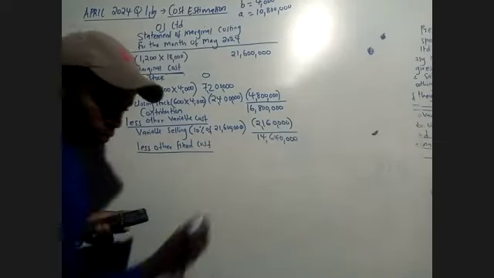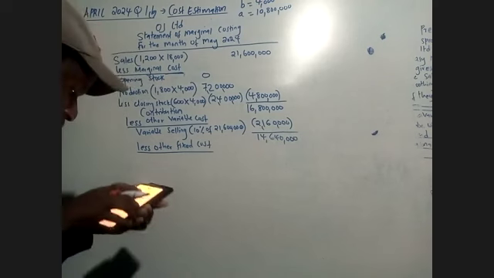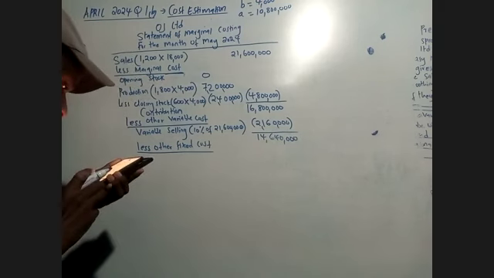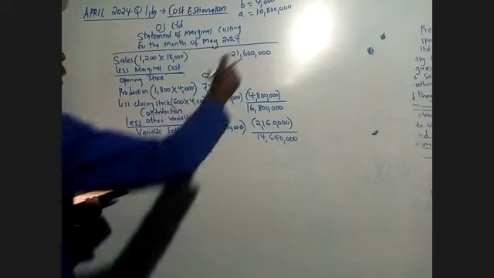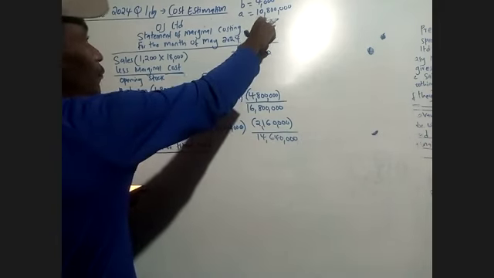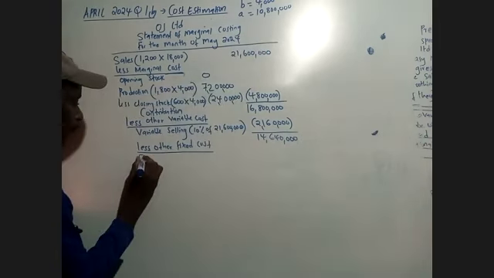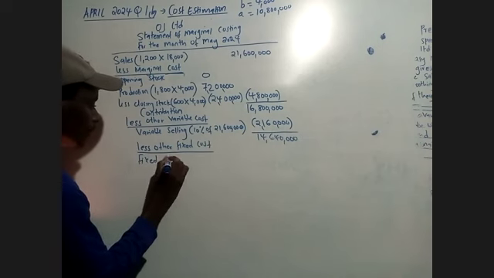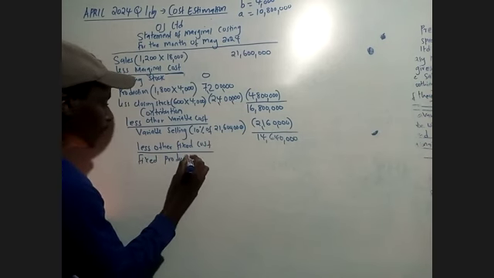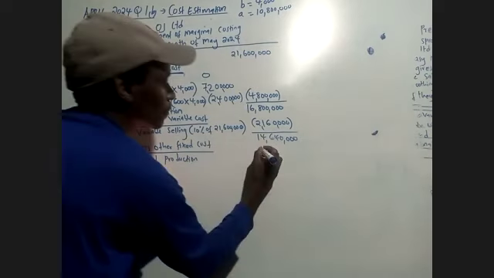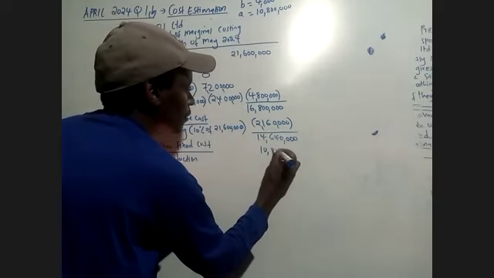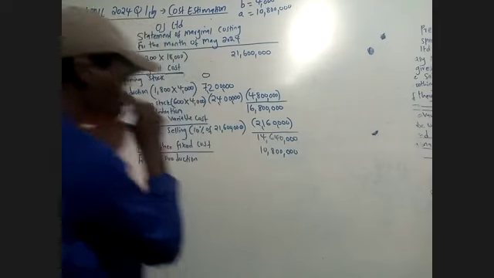Now according to the question, kuna fixed cost moja hapo naona. Now tuko na hii kwanza, tuanze na hii fixed. So let me go to fixed production. Fixed production 10,800,000.